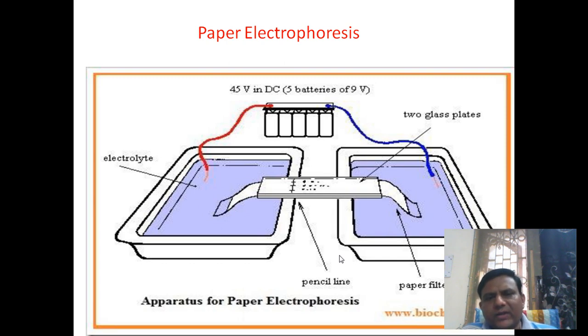In paper chromatography, we load the sample on the surface of paper. It may be Whatman filter paper or paper made up of cellulose molecule. When we apply the sample and dry the paper, we keep that dry paper inside the solvent system.